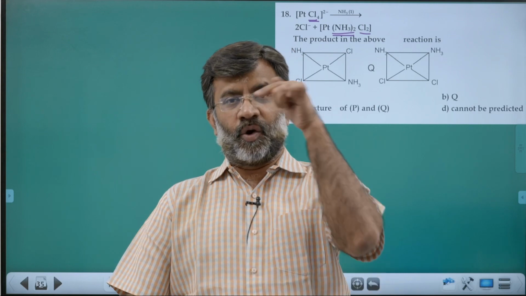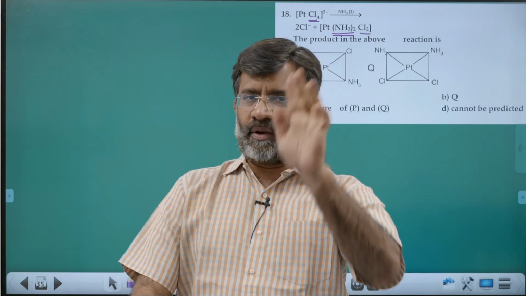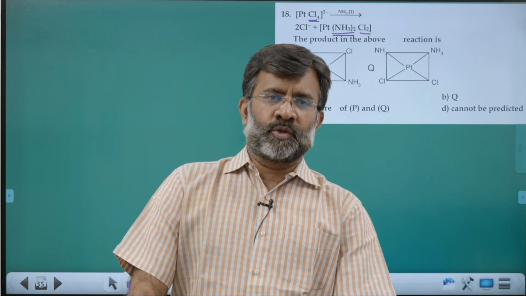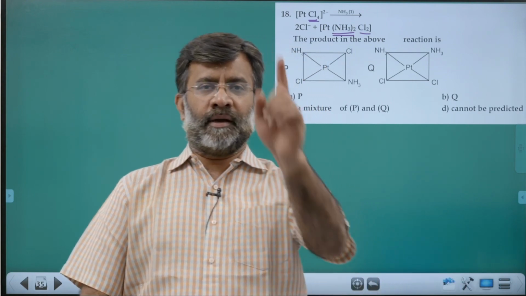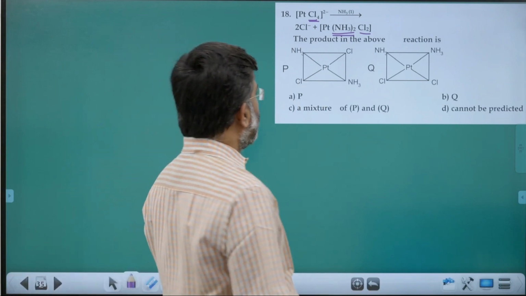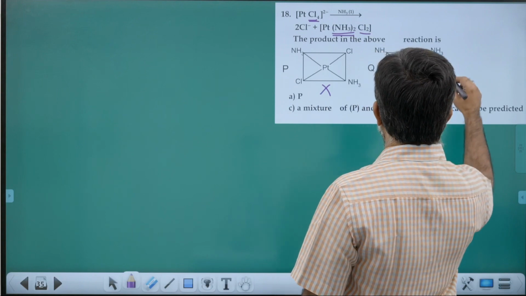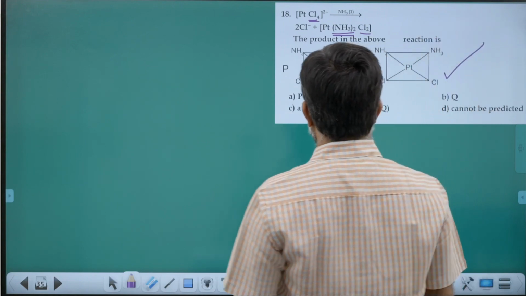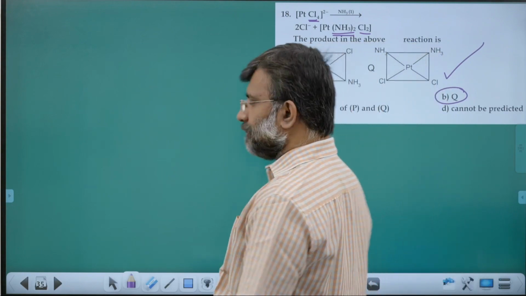Ammonia has a lower trans effect than chlorine. So when chlorine is replaced by ammonia, ammonia will come at a cis position. This is trans and this is the answer. So you will get Q. The answer is option B.